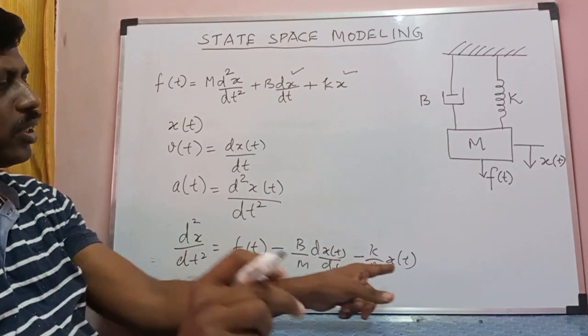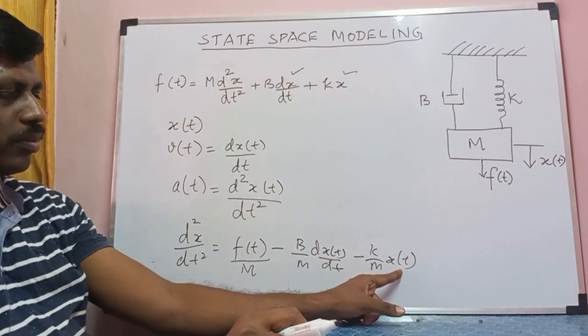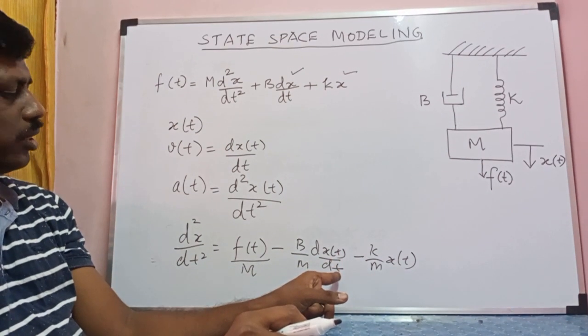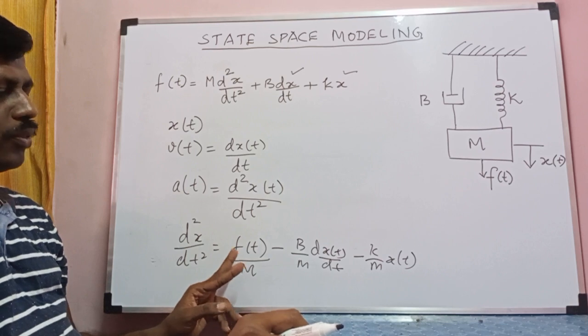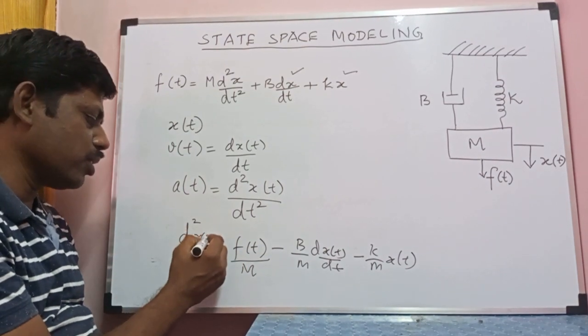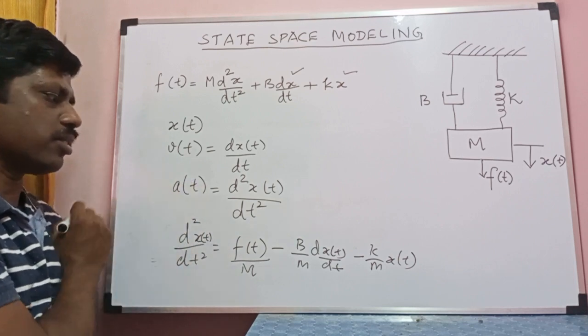So if I know x of t, the solution, and if I know dx of t by dt, and also this input, I can immediately find out d square x of t by dt square, which is nothing but the acceleration.